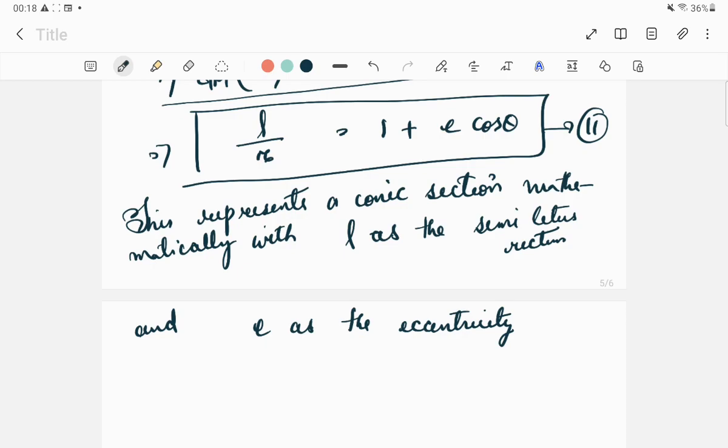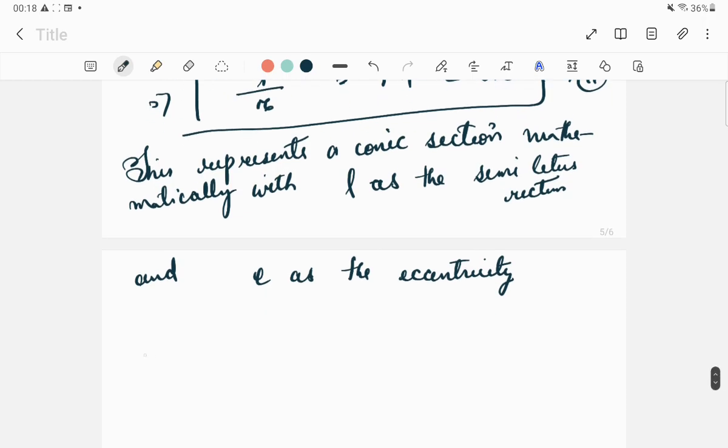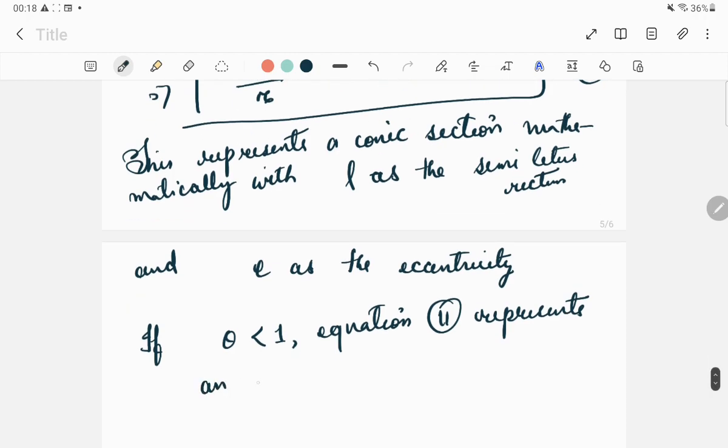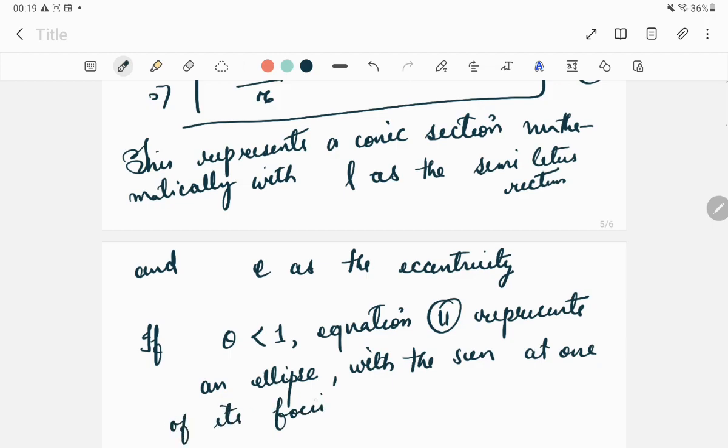and eccentricity. So here, if e is less than 1, equation 11 represents an ellipse with the sun at one of its foci.